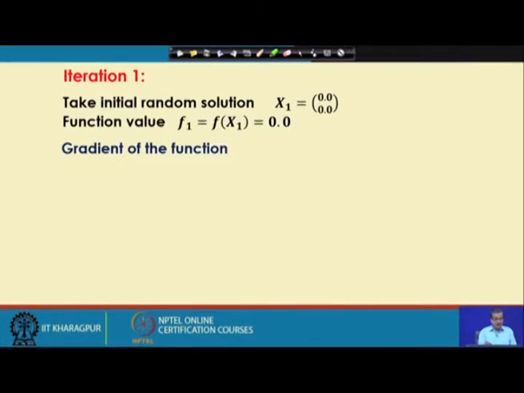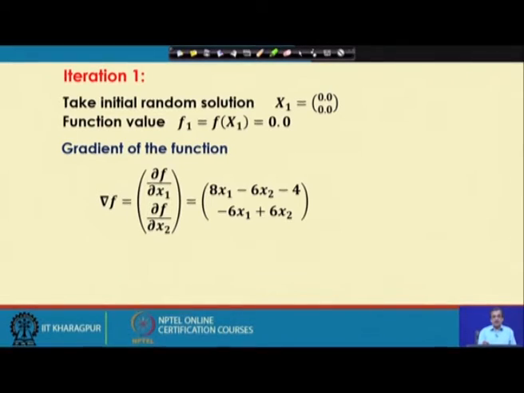Now, I will try to find the gradient of this objective function. The gradient, delta f, is a collection of the partial derivative of f with respect to x 1 and the partial derivative of f with respect to x 2.